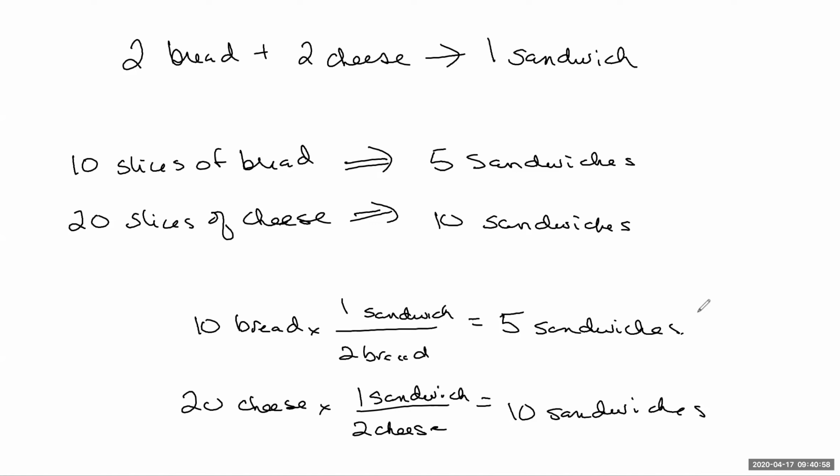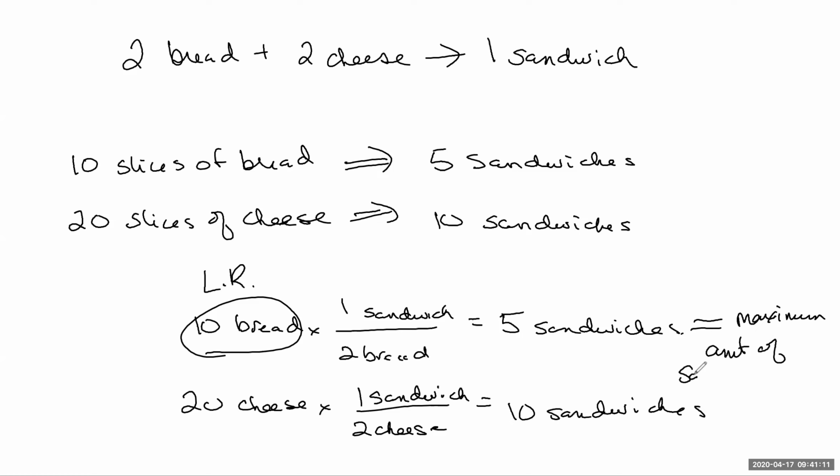In this example, bread is my limiting reagent, and 5 is the maximum amount of sandwiches I could create. When you do something like this with a recipe, it seems more obvious. When we do this with chemicals, for some reason the concepts get lost, but it really is exactly the same concept.